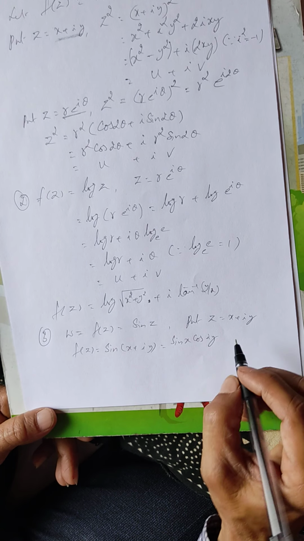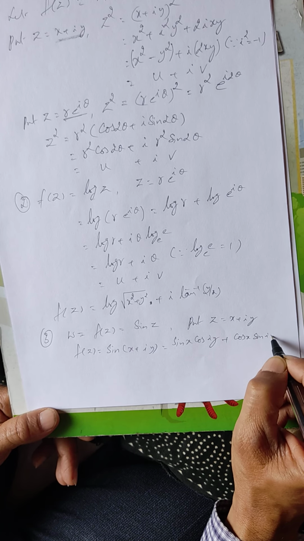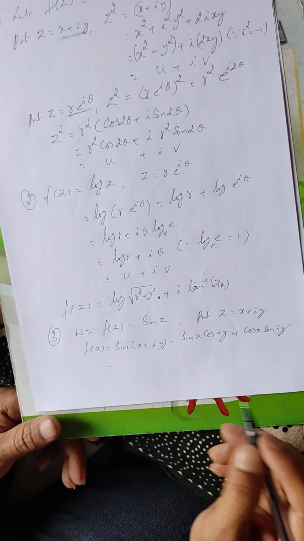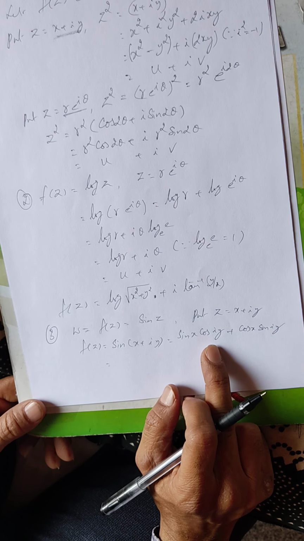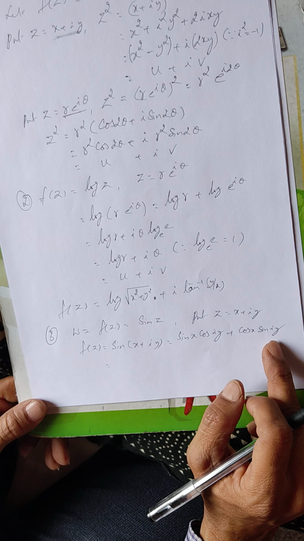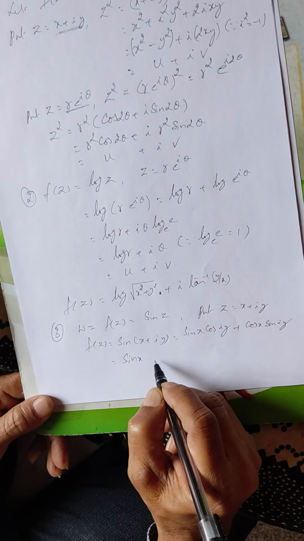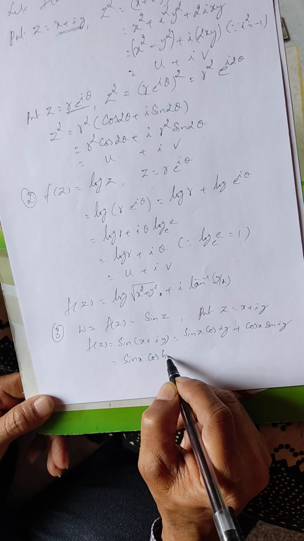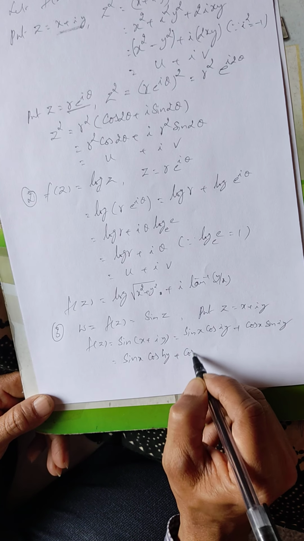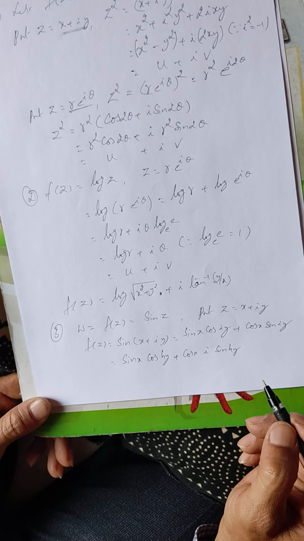So here it is sin x cos iy plus cos x sin iy. But already you know that cos iy can be written as cos hy and sin iy can be written as i sin hy. So I'll write sin x cos hy plus cos x into i sin hy.